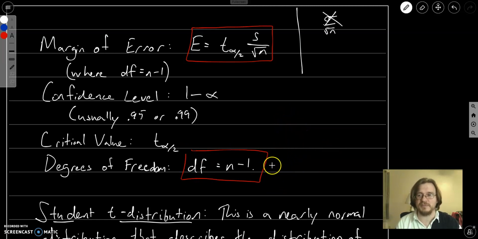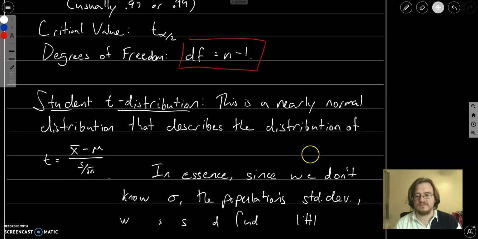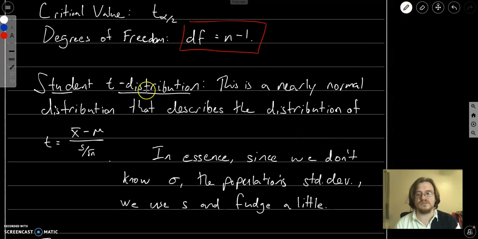The smaller the sample, the less normal the distribution will be, so we'll have to adjust our t distribution accordingly. So we just need to take into account how big of a sample we're using, and this is just the degrees of freedom.